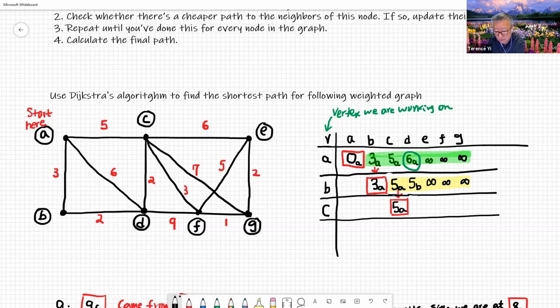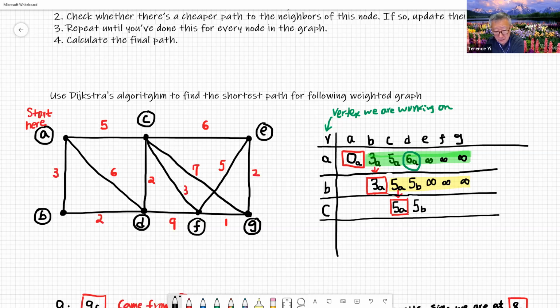Okay, I think it's black here. Let's just make sure. If I go through C to D, that means we're going to have to go D to B, B to A, A to C, and then C to D. But that's going to take a lot more than 5B, so that's going to be 12.